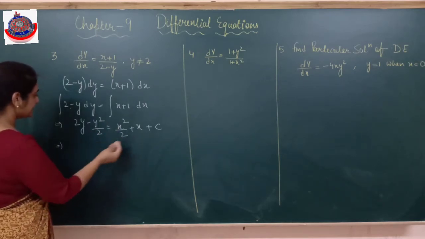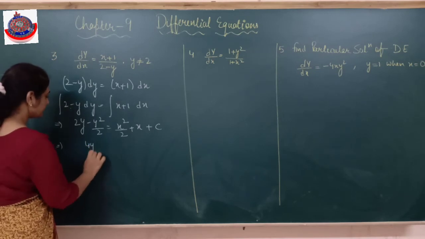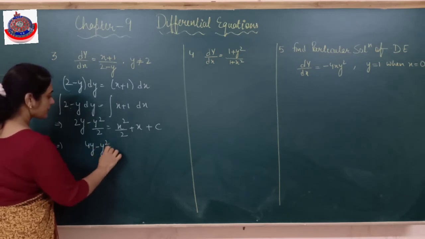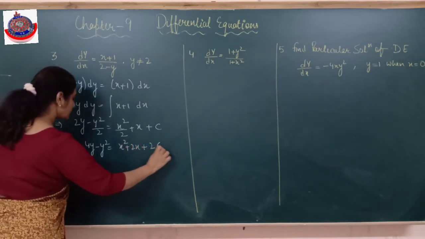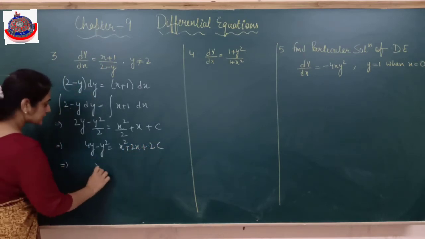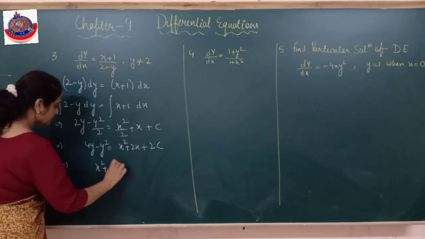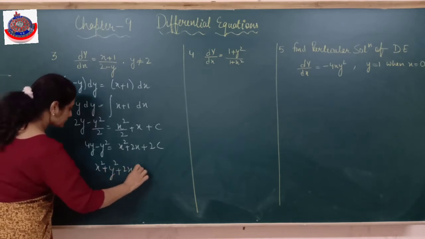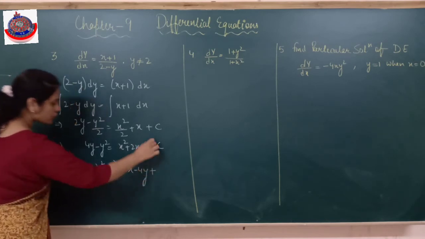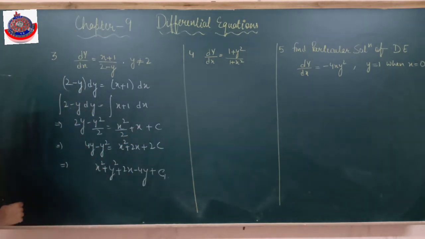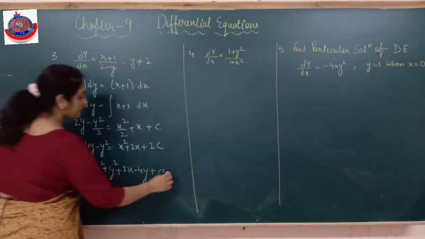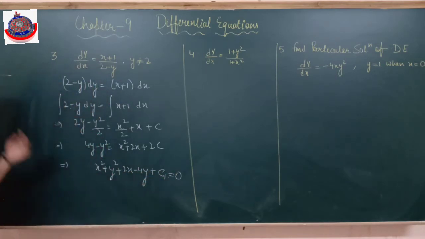If I take LCM, it will become 2 4y on both the sides. All the terms I can write on one side. And 2c is also a constant, so I can write this as C1. So that's my answer. So this is the required solution of the given differential equation.